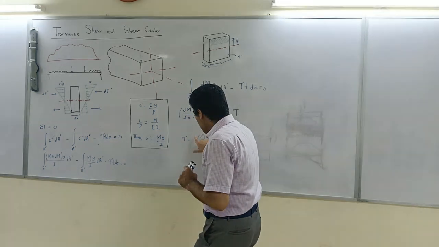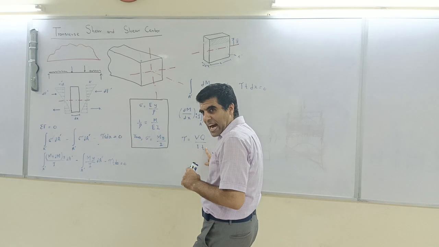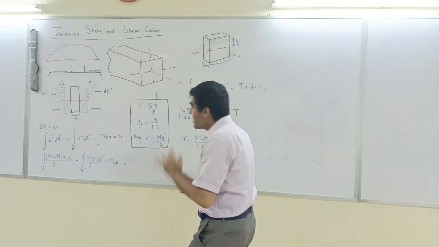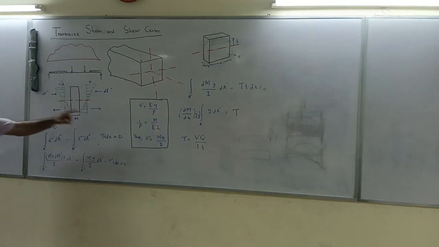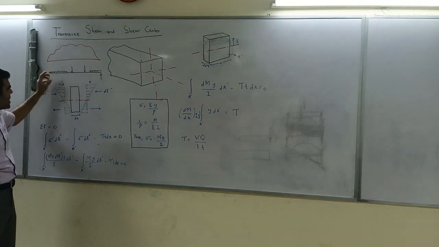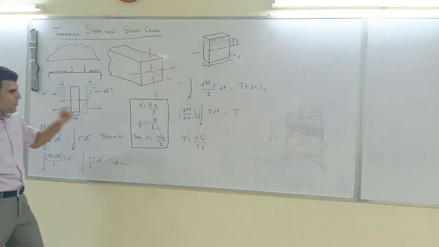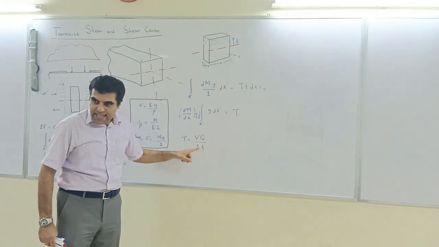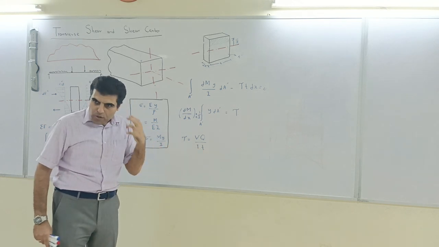So, V, I and T are constant at a particular point within the beam. Sorry, my mistake. I and T, I is the moment of inertia, and T is actually the width.